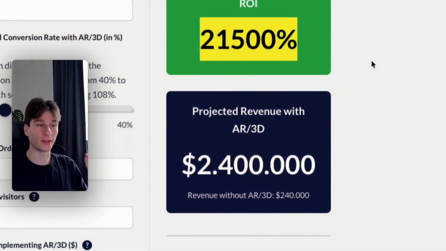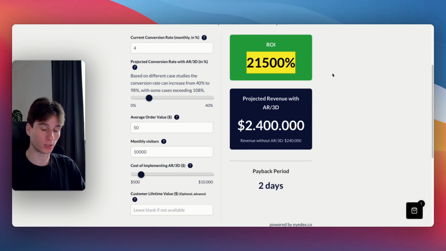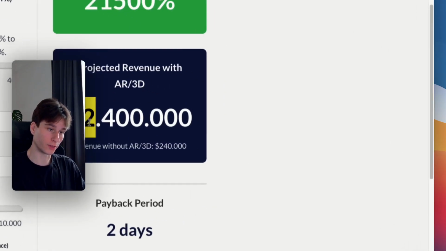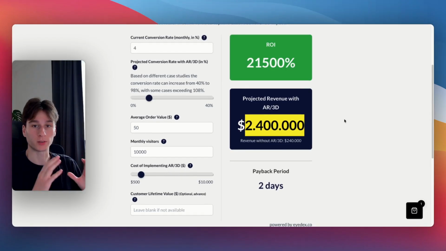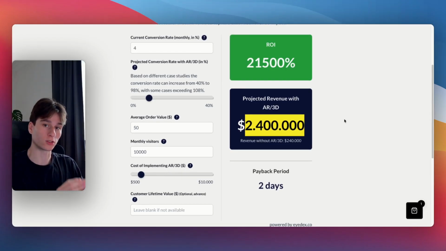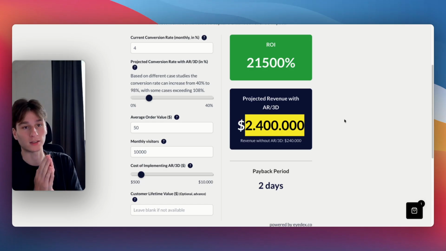This would be your ROI in only one year of implementing a 3D configurator, and this would be your revenue. These are just random numbers, but I want to show you the potential of a 3D configurator, how much you can actually achieve with only a product configurator and the benefits you get when installing one.